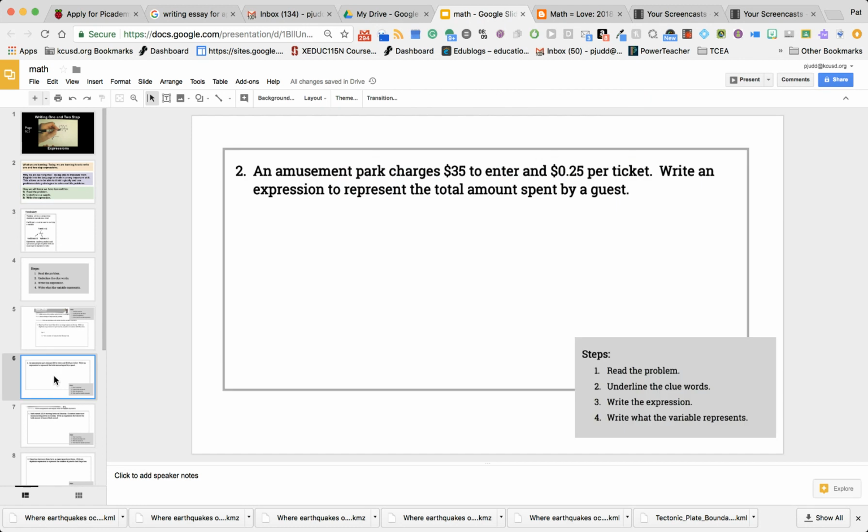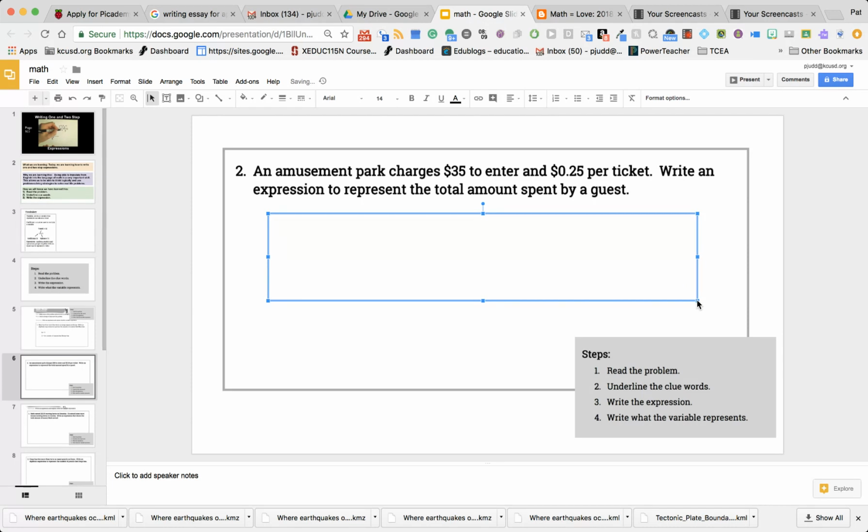And looking at the next one, an amusement park charges $35 to enter and 25 cents per ticket. Write an expression to represent the total amount of money spent by a guest. So I know my first step is read the problem. That's what I just did. Underline the clue words. Well, charges $35 to enter.